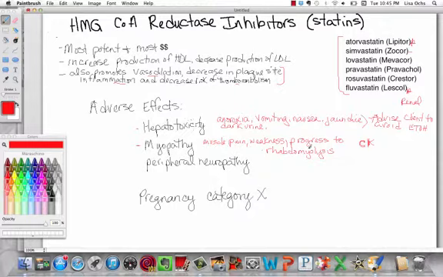And the last one down here is peripheral neuropathy. So weakness, again, numbness, tingling, pins and needles, pain in the hands and feet. Those kinds of things need to be reported to the healthcare provider.